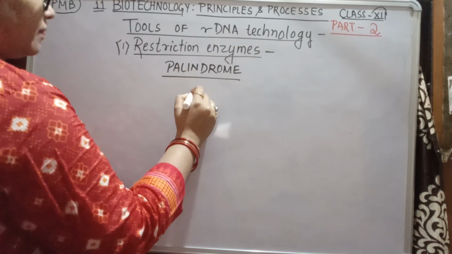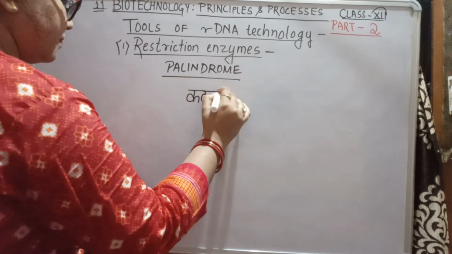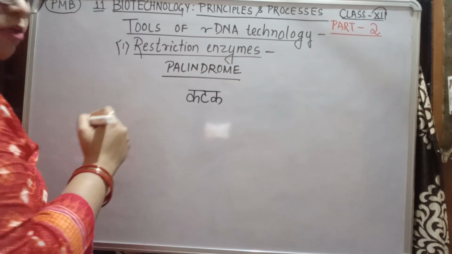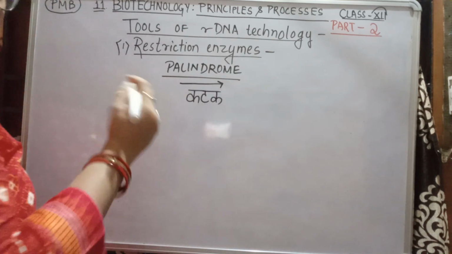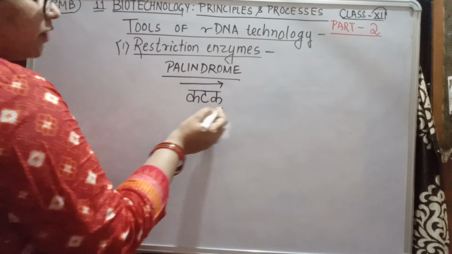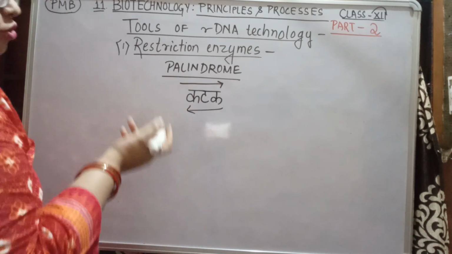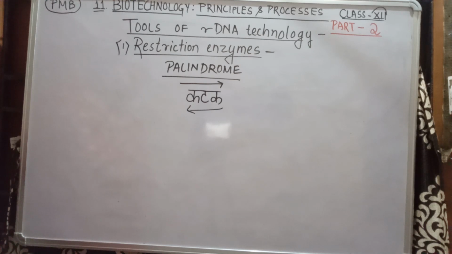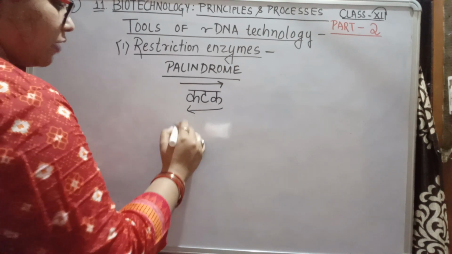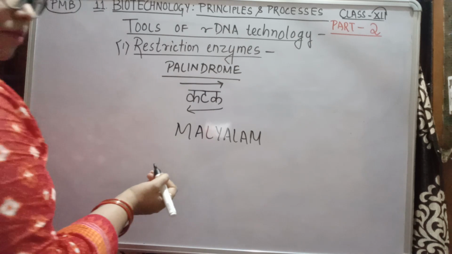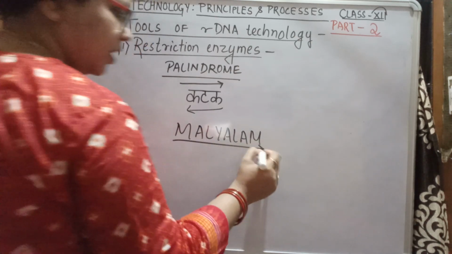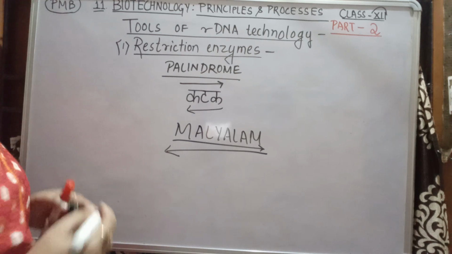Like Katak, which is the name of a place. If we read it in this direction it gives the same, and in this direction also it's the same. So reading a particular sequence in the opposite direction and getting the same word is called a palindromic sequence. Another word in English which we can check is Malayalam. This reads the same in this direction and also in the opposite direction.